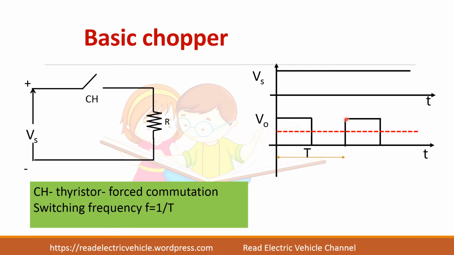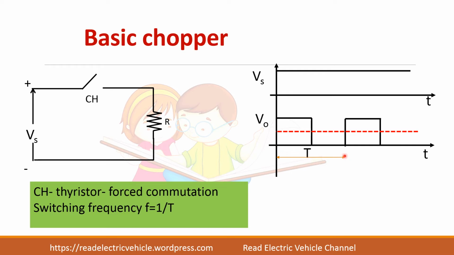Again when I turn on, it is Vs and again it becomes 0. So in chopper circuit, it is chopping the waveform. This is supply waveform which is continuous. So output is a chopped wave. And this red line indicates the average output voltage.